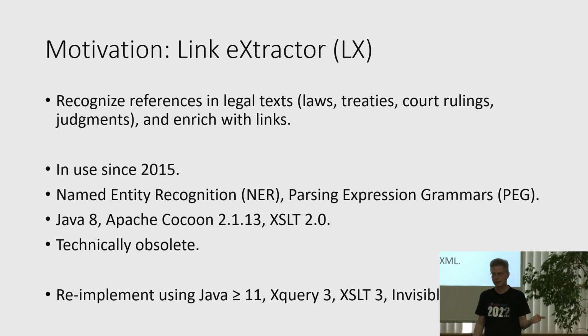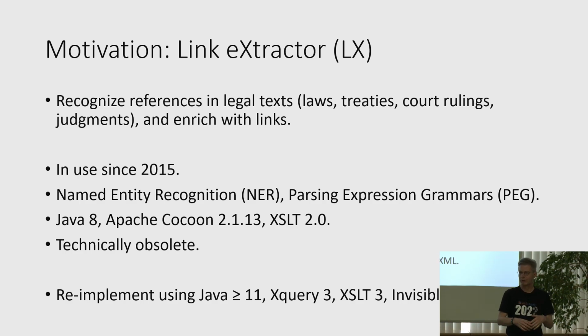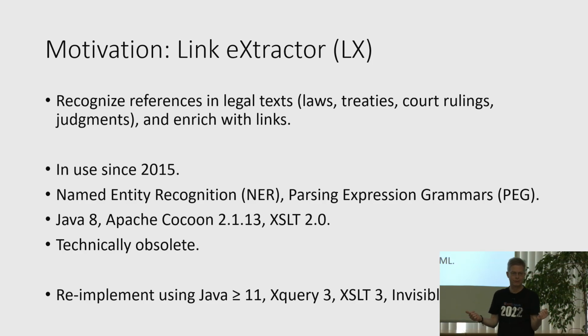It uses named entity recognition for all the names of laws, treaties, etc. It uses parsing expression grammars to analyze the structure of the text. And it was written in Java 8, Apache Cocoon, and XSLT2, which means by now it's technically obsolete.